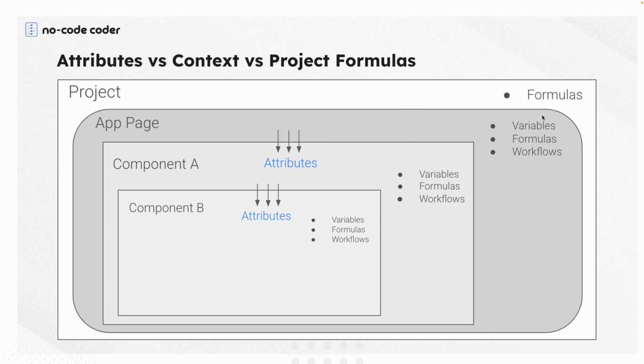And so what ideally we'd like is to have a way that we can have the dark theme variable, for example, on our page, and that component A and component B, rather than have it passed down as attributes, actually get access to that variable, no matter where we are in our application, because for the dark theme, any component throughout the app, buttons, everything, will need to take that theme into account. So we're going to need access to it everywhere.